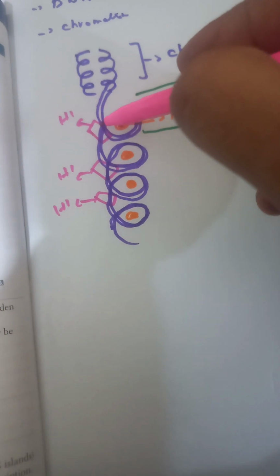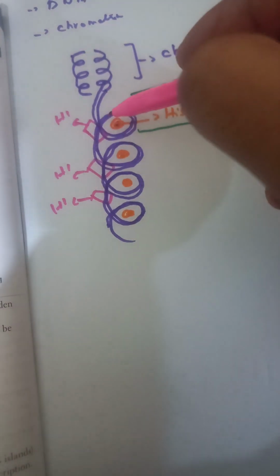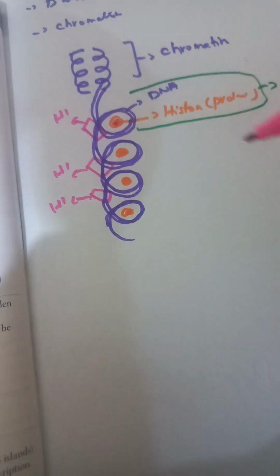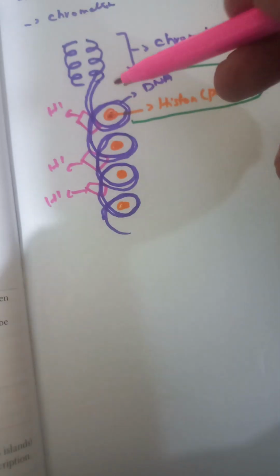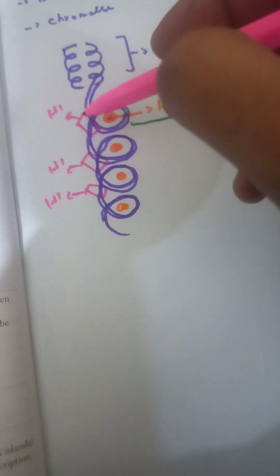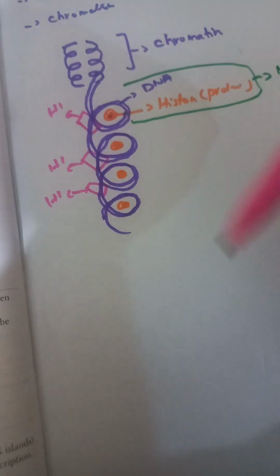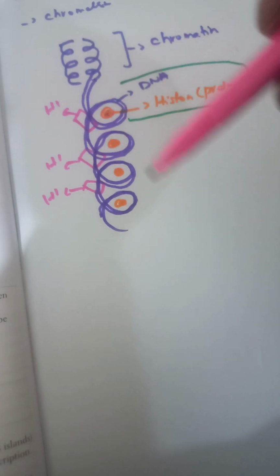Now this DNA has to combine with the other DNA, the other nucleosome. This nucleosome has to attach to the other nucleosome, so there has to be something which has to link with it. So this H1 is a linker protein which binds from one DNA to the other DNA.